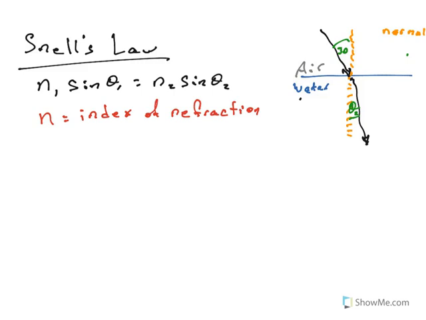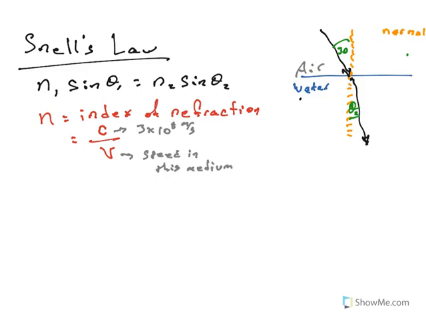Now, it's not exactly the speed of light, it's a ratio, and the ratio is the speed of light in a vacuum, c, divided by the speed of light in the medium. So the c on top is 3 times 10 to the 8th meters per second. And the v is the speed in this medium.